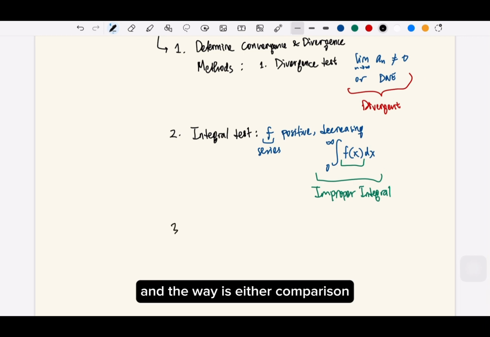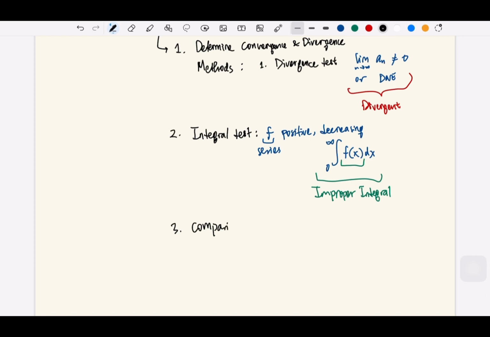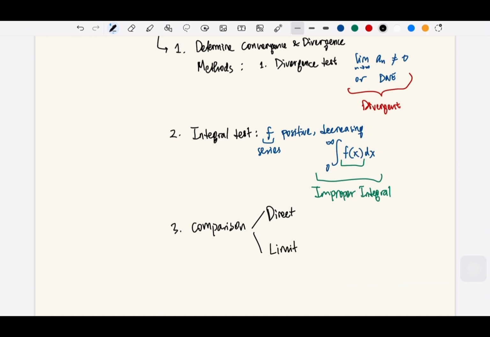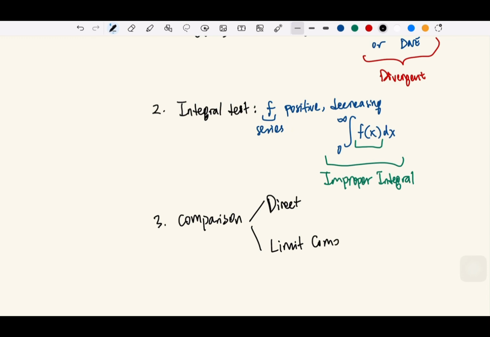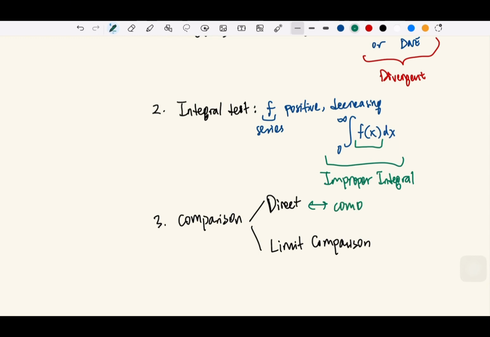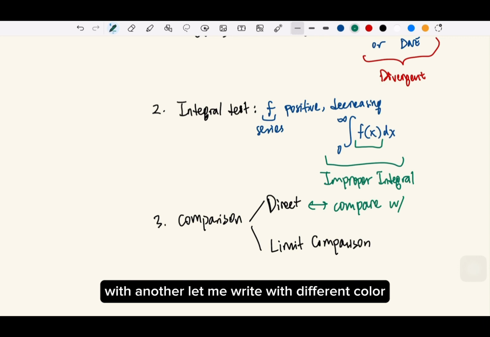Another way is either comparison. We can have two methods, direct and limit comparison. Direct method is comparing with another function or series. Let me write with different color.